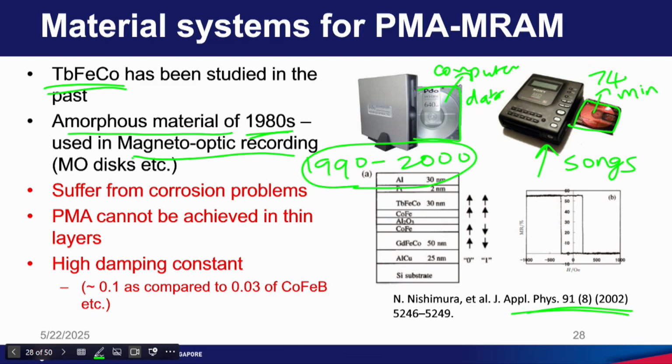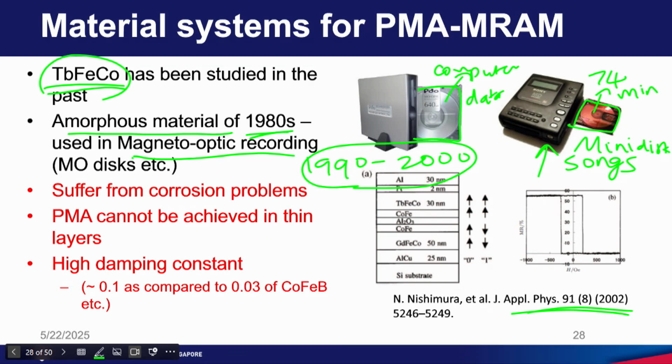I used to back up my information on this disc, and this is called a mini disc. So we can write songs onto this disc and play music. Okay, so this is called magneto-optic recording technology. This technology uses this material, and this material can give rise to perpendicular anisotropy.